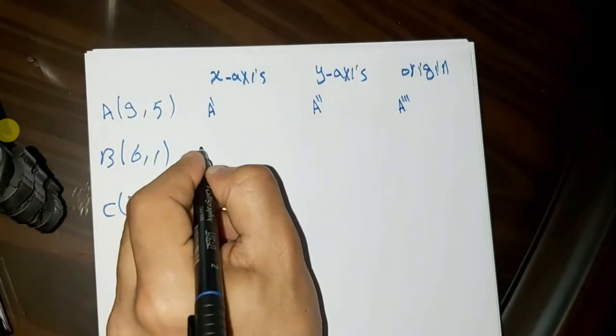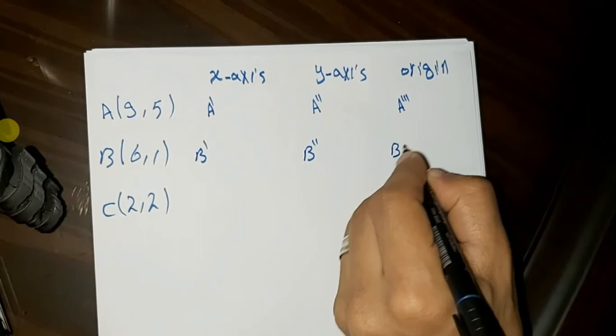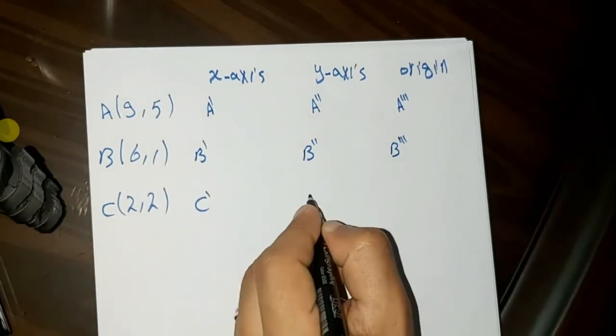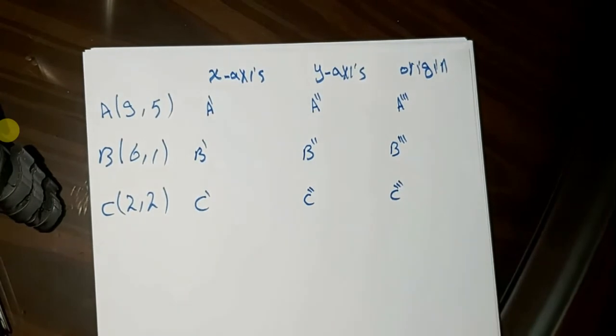And B dash, B double dash, B triple dash. So we have C dash, C double dash, C triple dash.